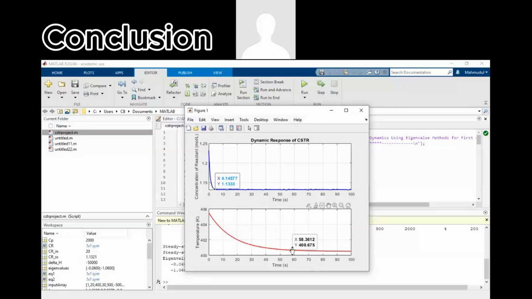So, in conclusion, we can say that the eigenvalue and eigenvector approach is a very effective approach in analyzing stability in a chemical engineering process in reactor analysis.